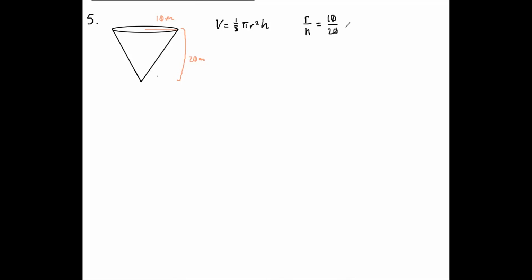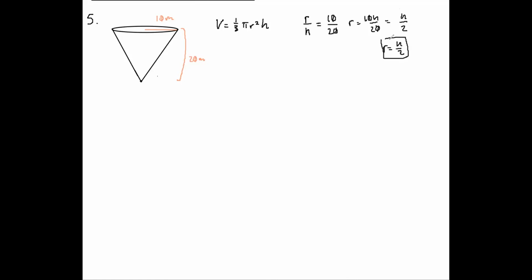So the radius is always 10h over 20, which is h over 2.